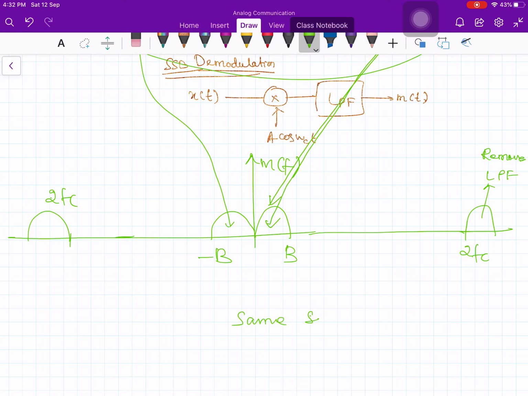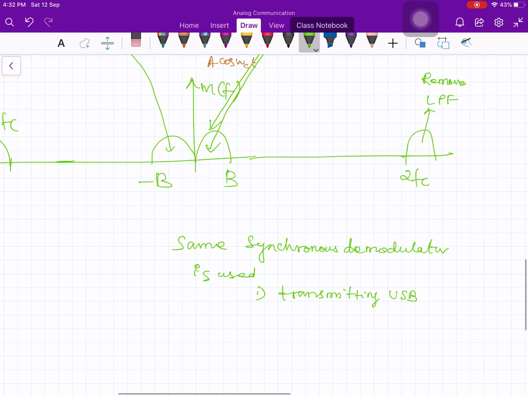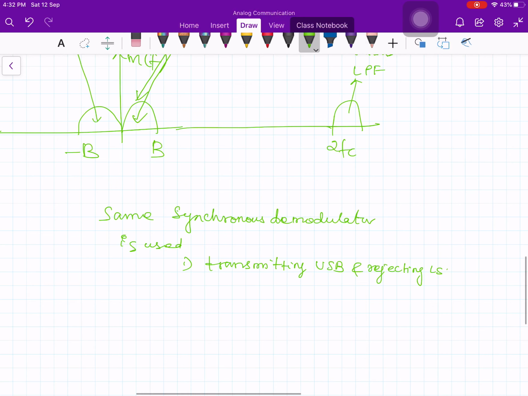Same synchronous demodulator is used for transmitting upper sideband and rejecting lower sideband.